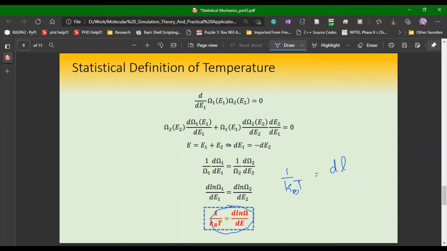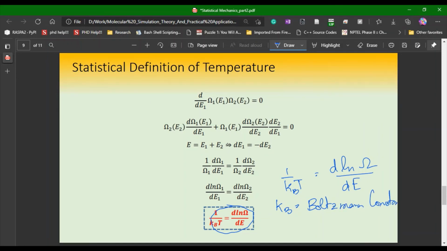And this kB is the Boltzmann constant, which is given as 1.38 times 10 raised to the power minus 23 joule per Kelvin.